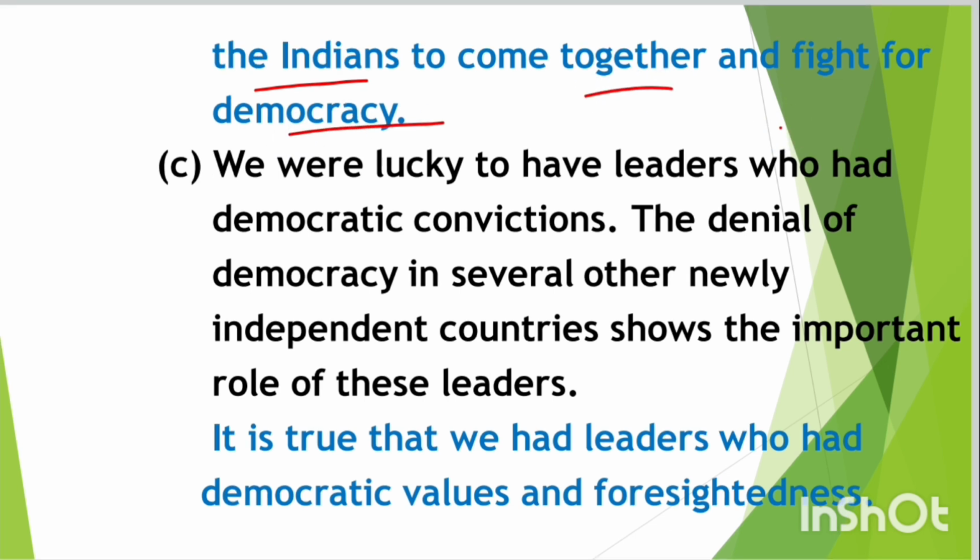So next, question number C: we were lucky to have leaders who had democratic convictions. The denial of democracy in several other newly independent countries shows the important role of these leaders. So the answer: it is true that we had leaders who had democratic values and foresightedness.